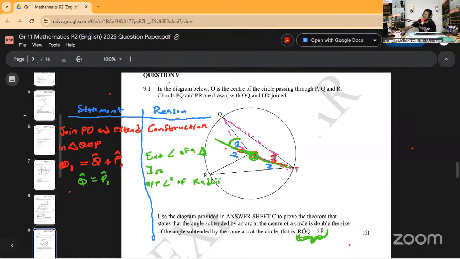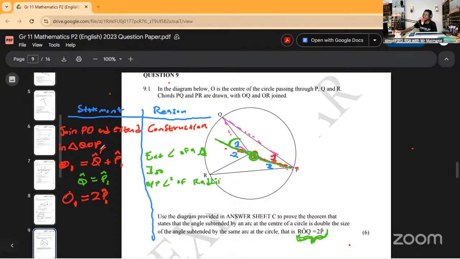So with that information, you can say O1 can be equal to double P1, since Q is equal to P1.